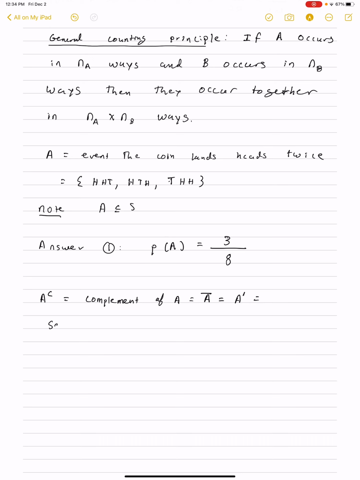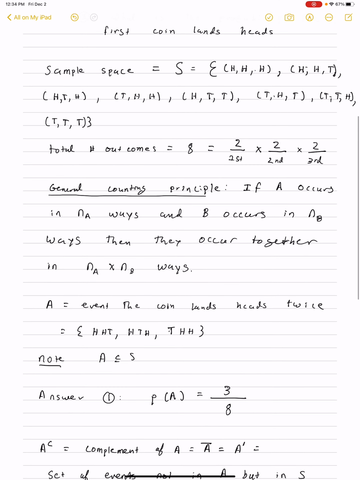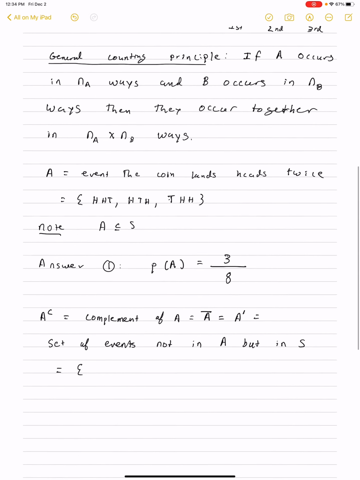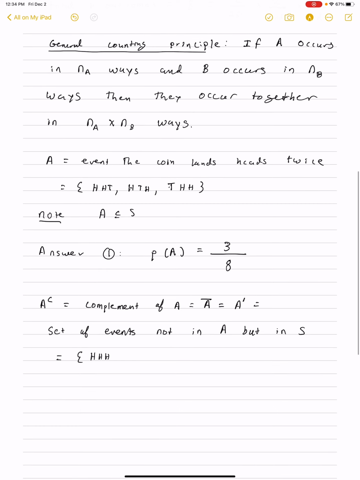It's the set of events not in A, but in S. If I had to list this, I go back up to my sample space, look at what's in A, then look at what's in S, and take those events out of S. So it's heads, heads, heads, heads, tails, tails, tails, heads, tails, and then finally all tails.